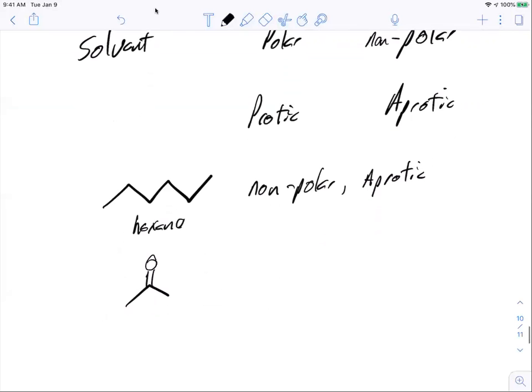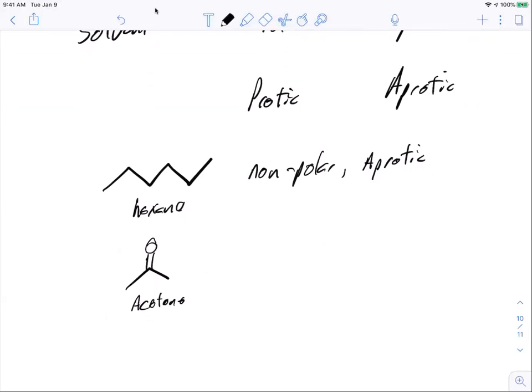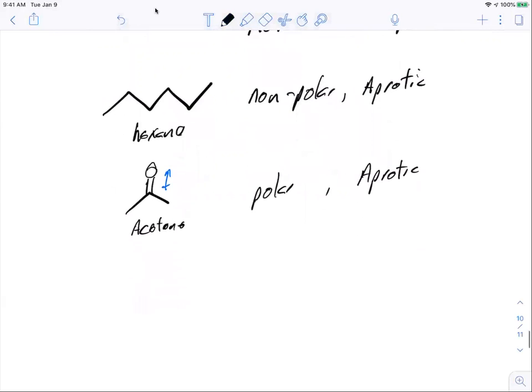We can look at something like acetone. Acetone is polar, I have a dipole moment. But again, I have no hydrogens attached to a hydrogen bonding atom. So therefore, it's going to be aprotic. But then if I go to something like methanol or ethanol, it's polar and it's protic.